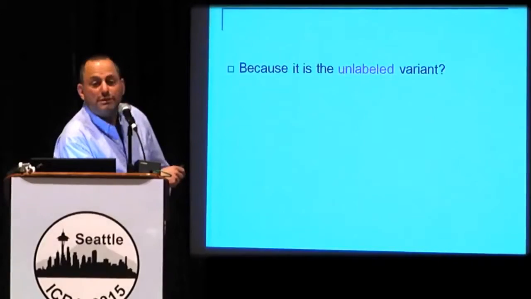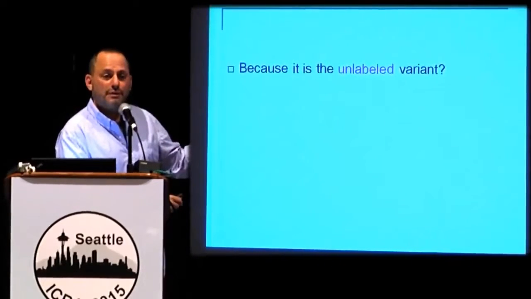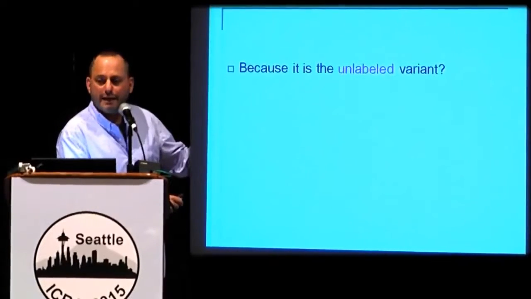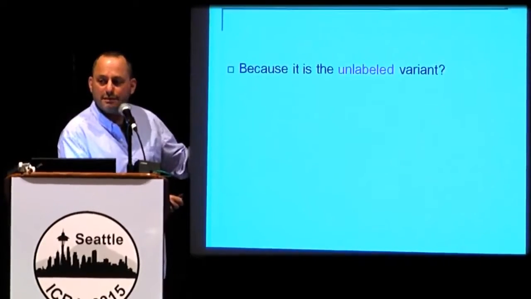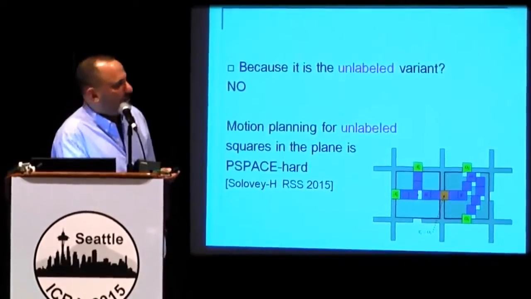The proof actually relies on the fact that they have different radii. So perhaps it is because it is the unlabeled variant. I can tell you for a long time, this was my prime suspect, that unlabeled motion planning is easier than labeled motion planning. Well, this is not the case.